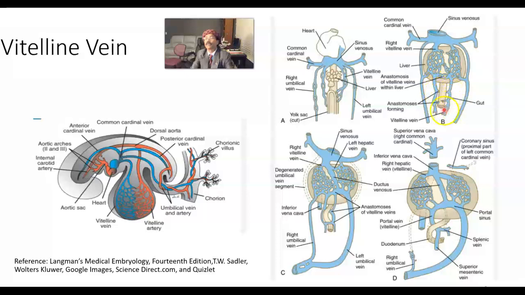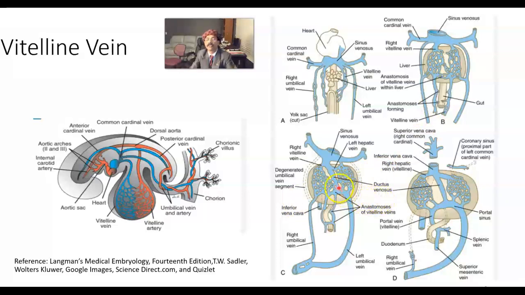A part of the left vitelline vein eventually disappears. So this is the future portal vein, from the middle anastomotic channel between the left and right vitelline veins, and most of the right vitelline vein forms the portal vein.